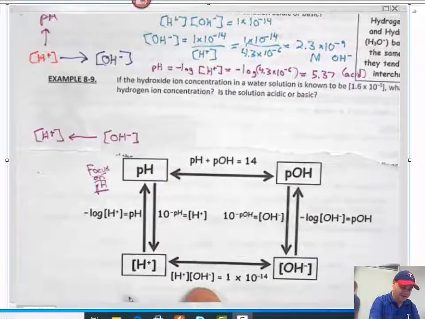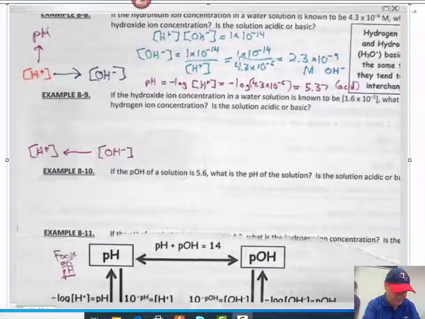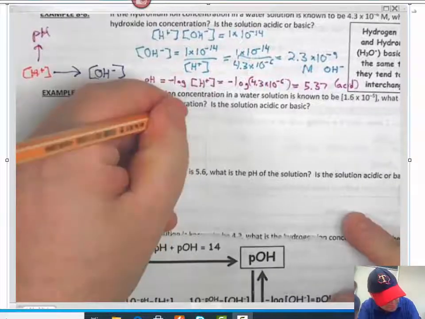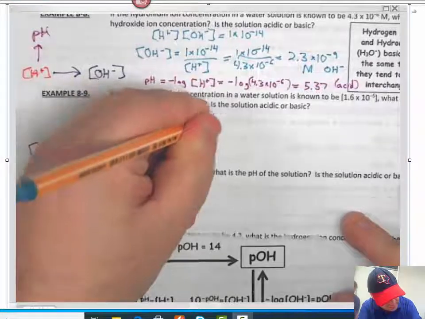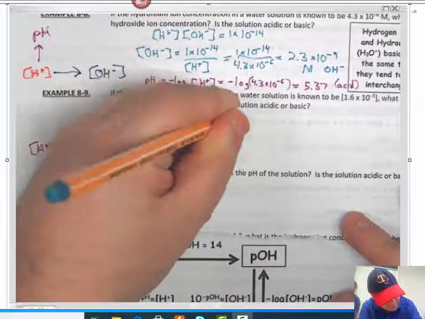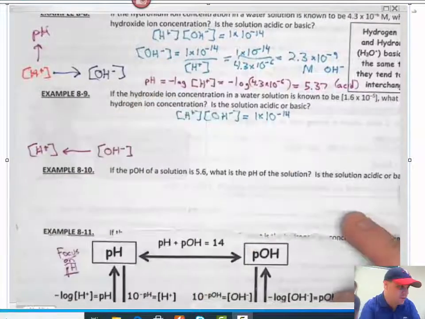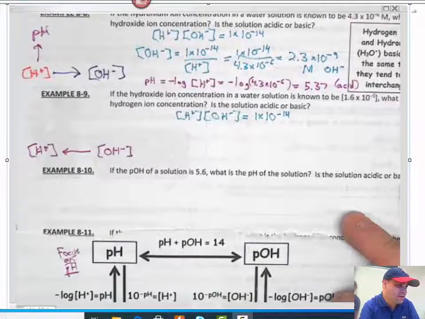H plus times OH minus equals 1 times 10 to the negative 14th. You have to really watch your labeling here to make sure that you're plugging the numbers in the right spots as well.